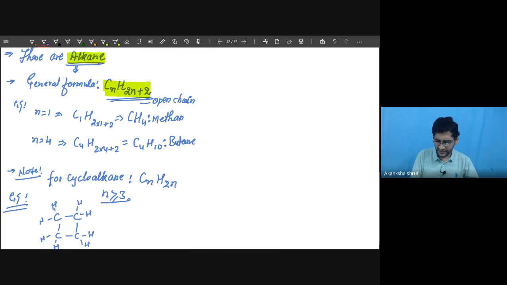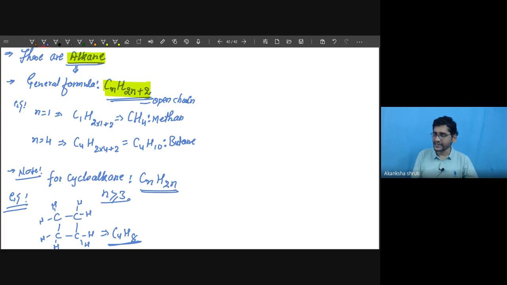What we are getting? The formula is C4H8. Though this CnH2n is for open chain alkene, more details are not required. You just anticipate by drawing the structure. That is the tool I have suggested to you.